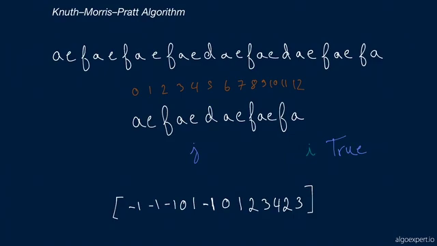So what does this tell us, okay? I'm going to rewrite these numbers that we have, and I'm going to erase this true here. I'm going to rewrite these numbers under each letter. So -1, -1, -1, 0, 1, -1, 0, 1, 2, 3, 4, 2, 3.